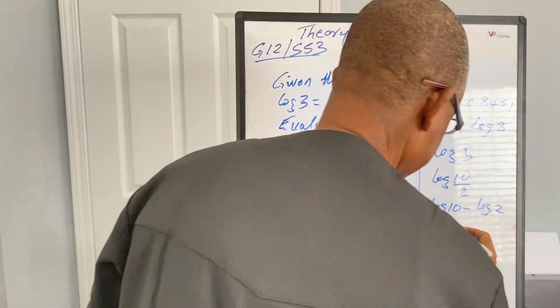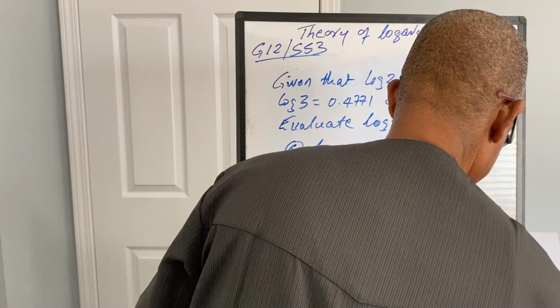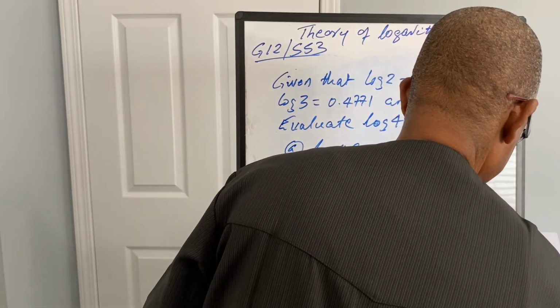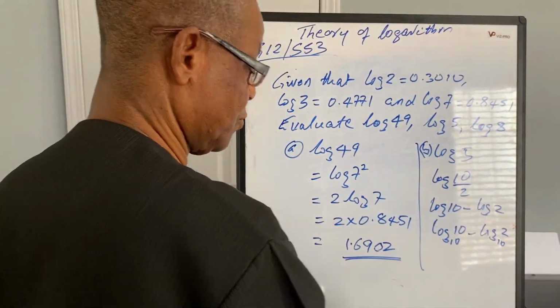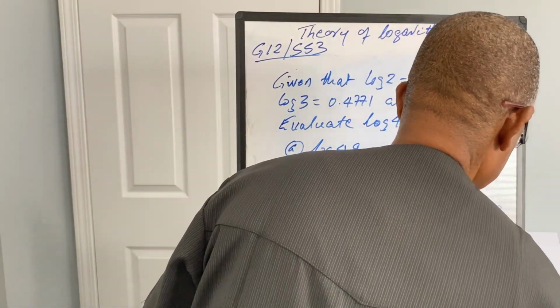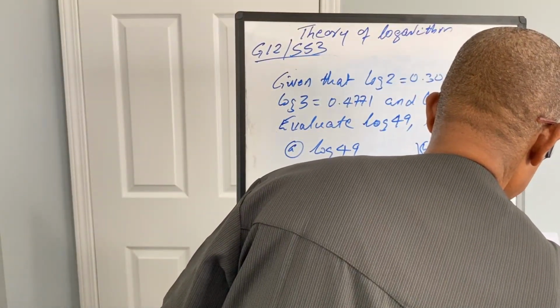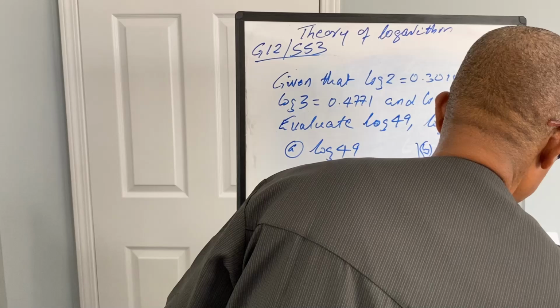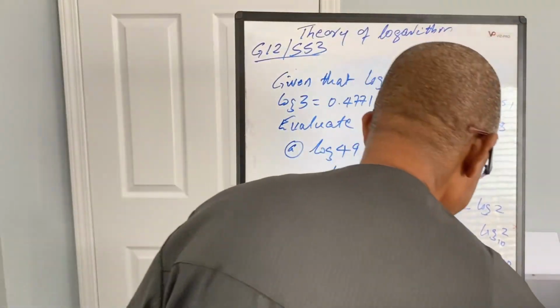So like I said, this becomes log 10 base 10, for clarity's sake, minus log 2 base 10. So this is 1 minus, we're already given log 2 to be 0.3010.